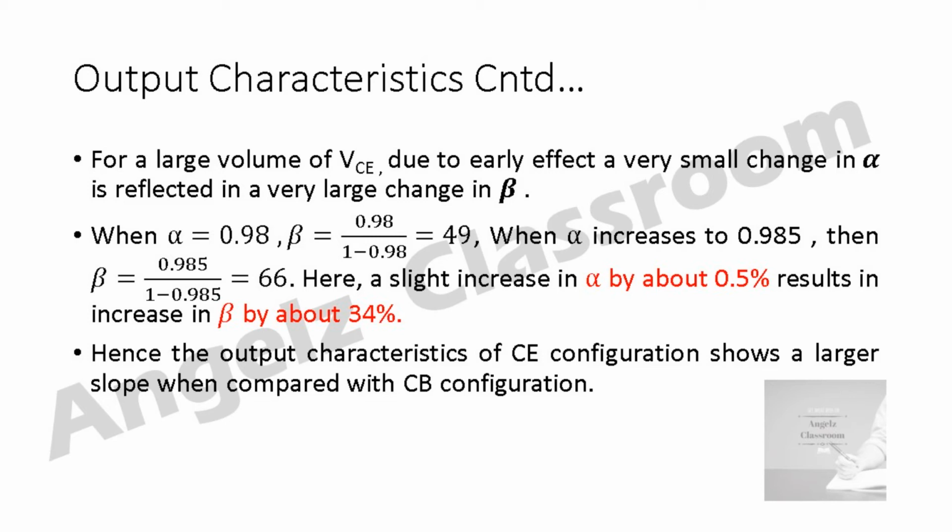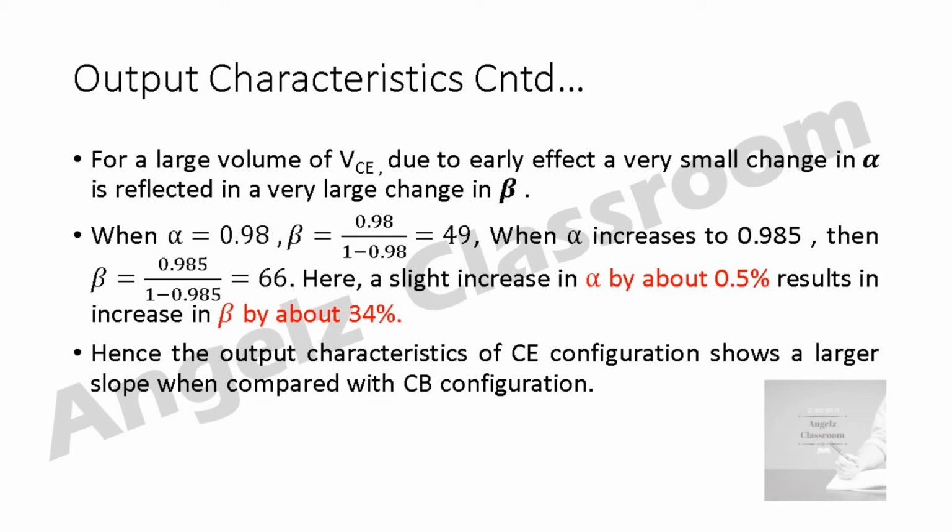So early effect is that when I increase the collector base voltage, there will be an increase in the base current. When alpha is equal to 0.98, say for example, then calculating the beta value, it is 49.